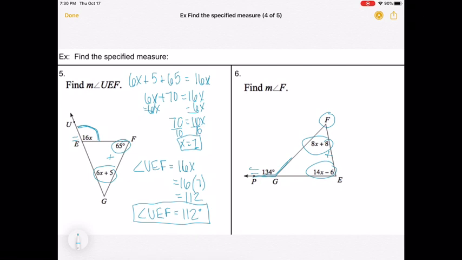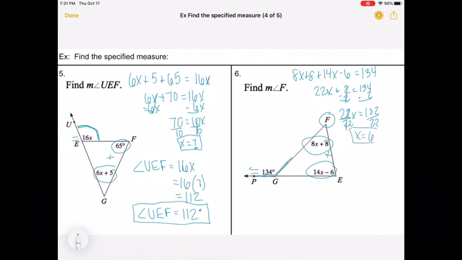Okay, so your original equation should have been 8x plus 8 plus 14x minus 6 equals 134. Simplify to 22x plus 2 equals 134. Subtract 2. 22x equals 132. Divide by 22.